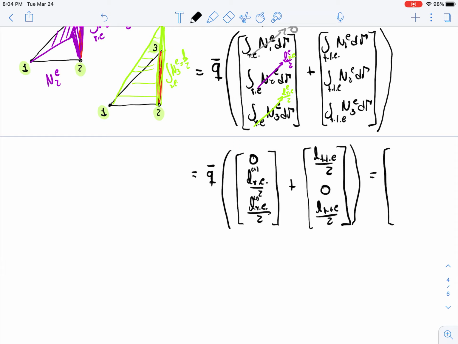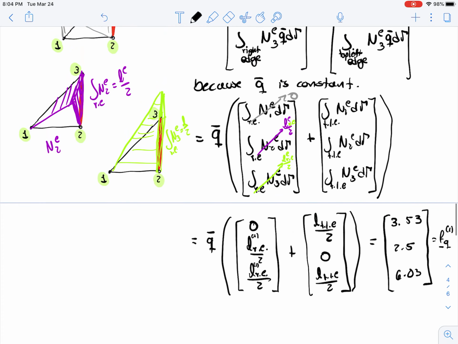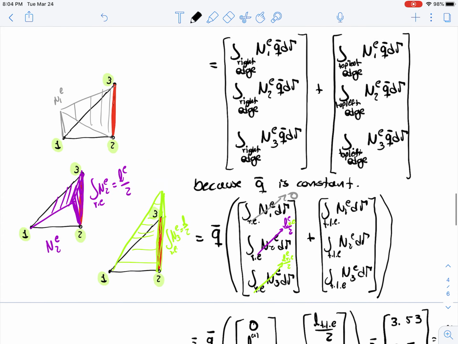And if I did this correctly ahead of time, then this should be 3.53, 2.5, 6.03. You can check the calculation. So that will be FQ for element 1, which is the same as the global force vector.